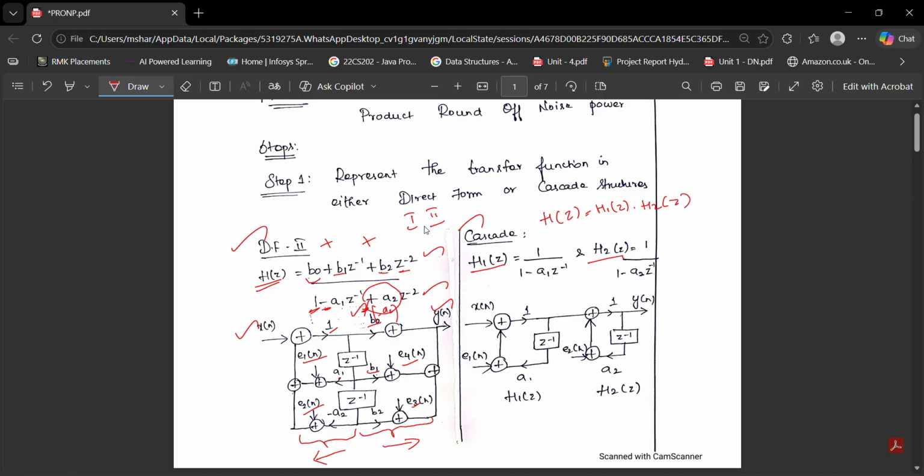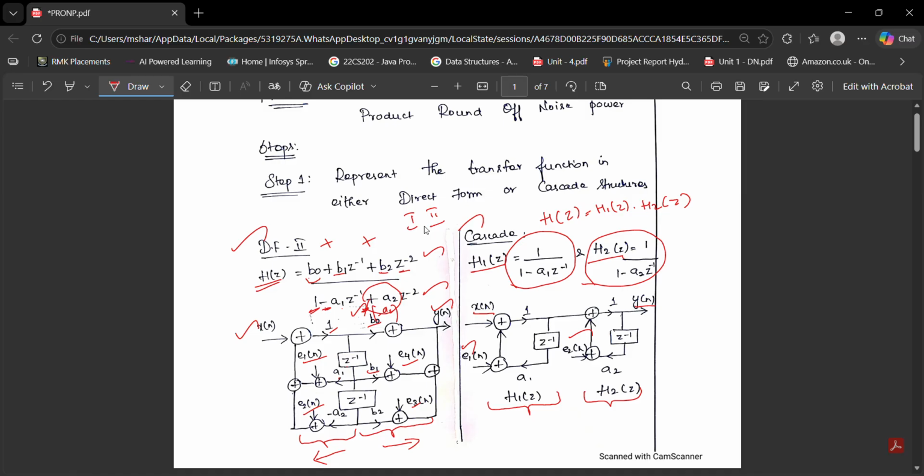To represent it in cascade form, the input will be x of n and the output will be y of n. One part is given on the left hand side, and the other part on the right hand side, and two errors are formed, that is e1 of n and e2 of n.